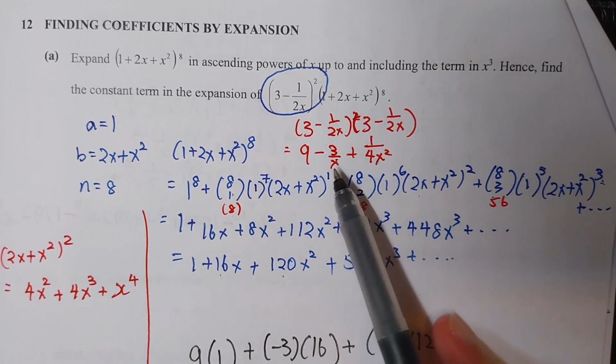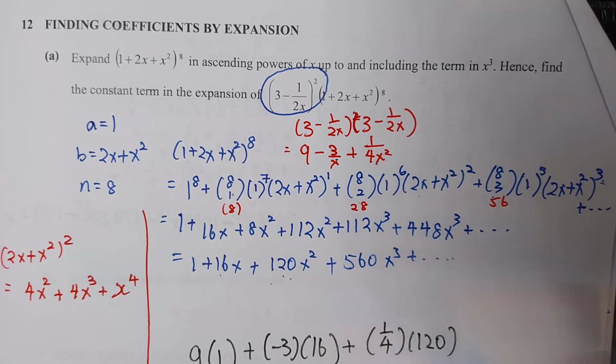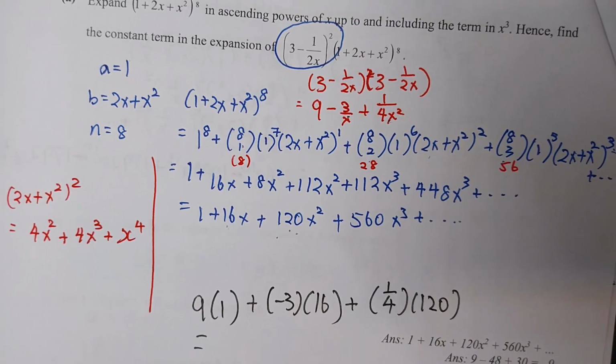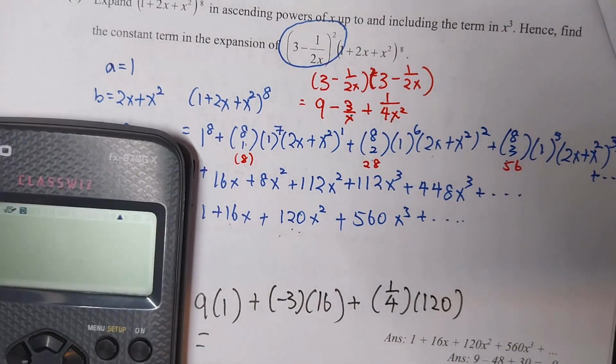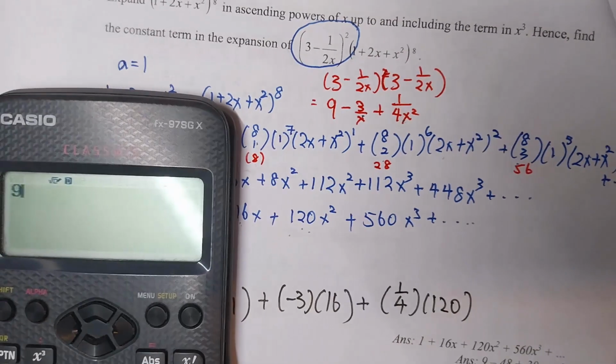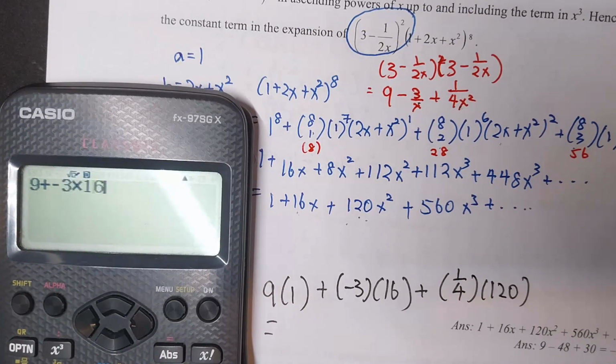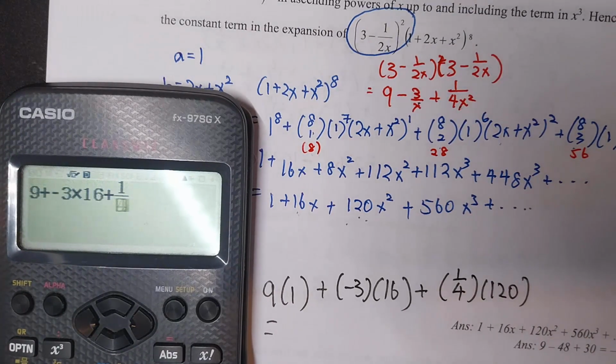Choose the terms that, after multiplying together, will give you constants. We will have 9 plus negative 3 times 16 plus 1/4 times 120, which is actually 30. So we'll get negative 9.